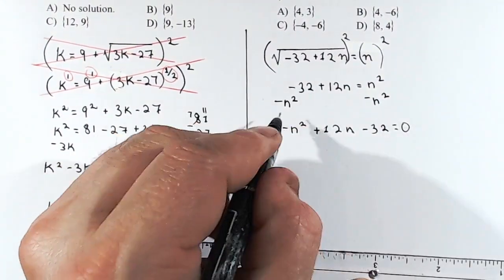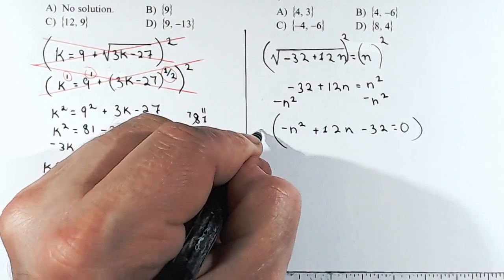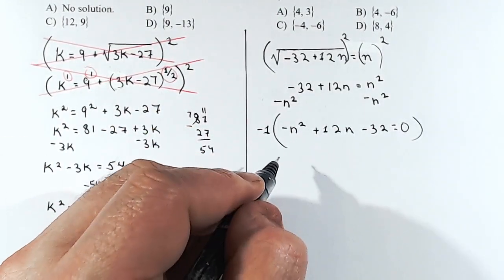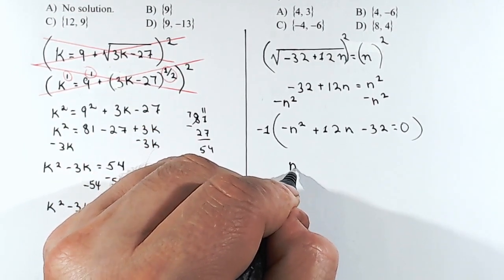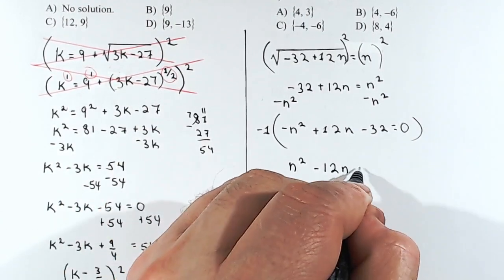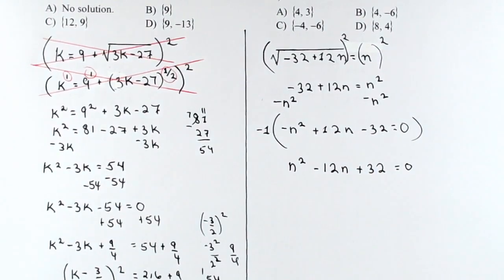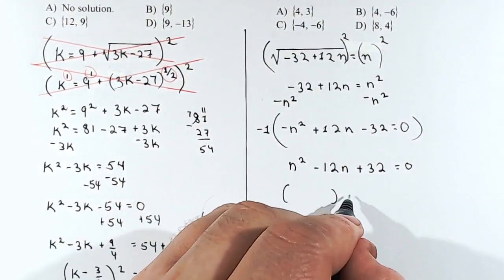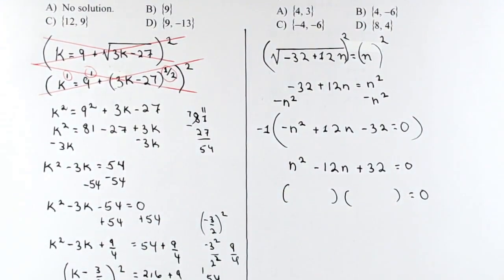All right, so now let's change all the signs. It's the same thing as multiplying everything by negative 1 so that this leading coefficient is just 1. So there I have n squared minus 12n plus 32 equals 0. So let's try to factor this directly and just save ourselves some time.